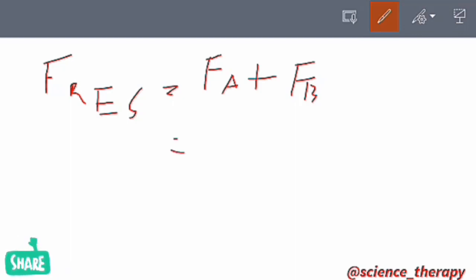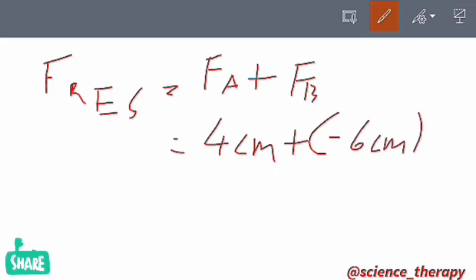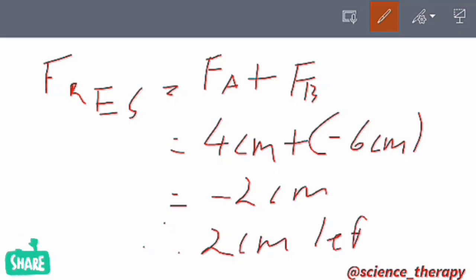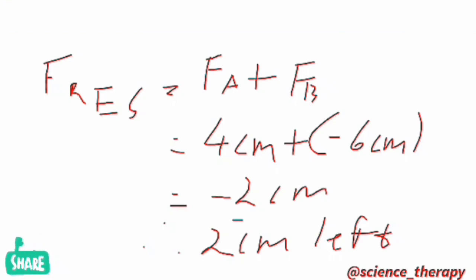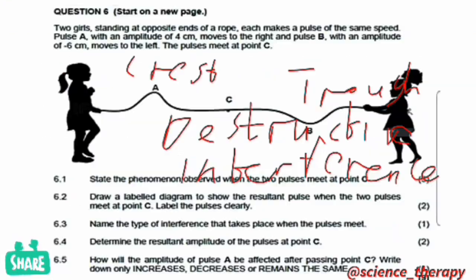So the pulse made by A is 4 centimeter, but the pulse made by B is negative 6 centimeter. Now the resultant will be negative 2 centimeter, which in other words means we have 2 centimeter to the left. So that's the magnitude of the resultant pulse. It's negative 2 centimeter.